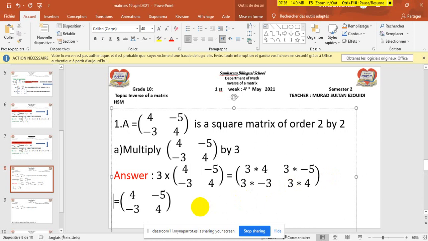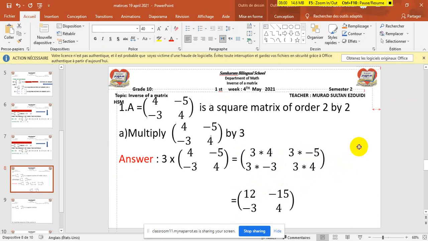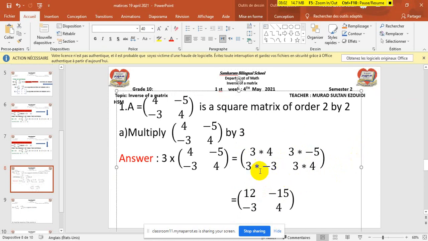You can see that, my daughters, 3 by 4 is 12.